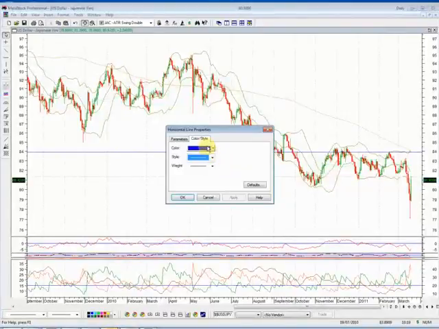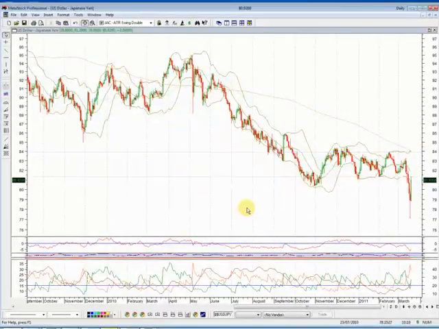Let me put that horizontal line here so we can follow up those levels in the next few days. So that's what I have to say about the US dollar Japanese yen.